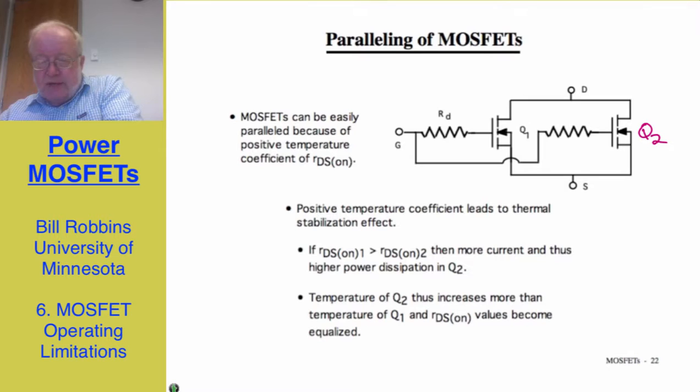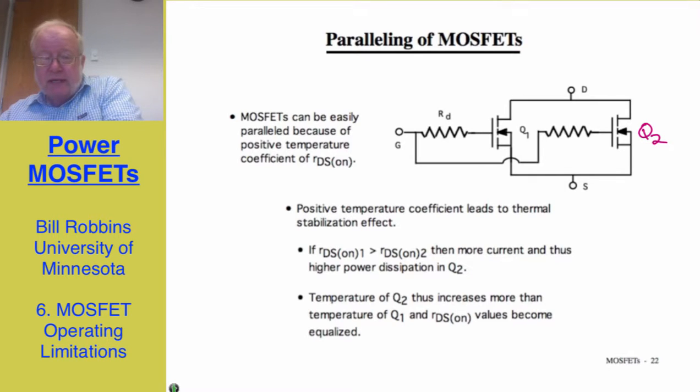But as a consequence of this, the temperature of Q2 will increase, perhaps higher than the temperature of Q1, and thus its on-state resistance will become as large or larger than that of Q1, and so some of the overcurrent that was there temporarily will go back to Q1. And so we have this thermal stabilization, which makes it much easier to consider paralleling MOSFETs.